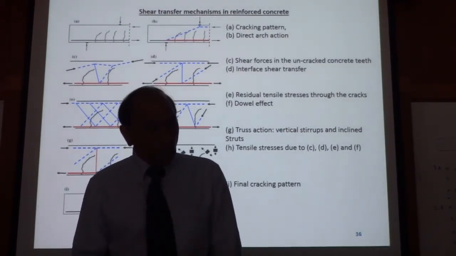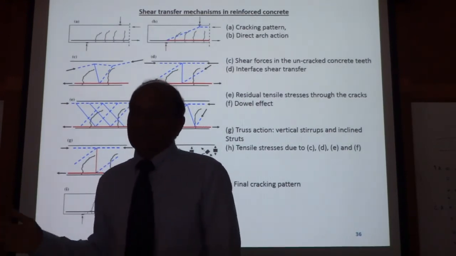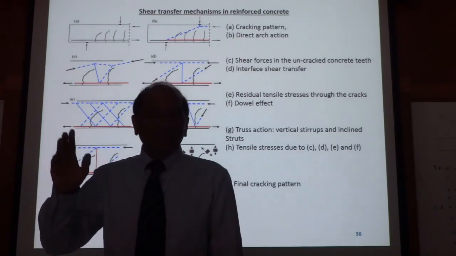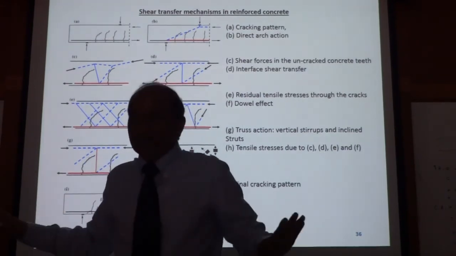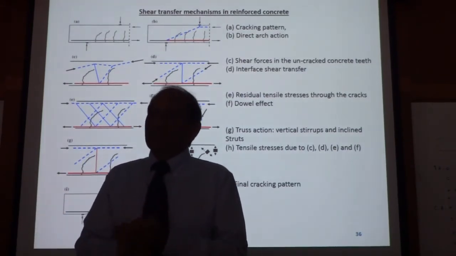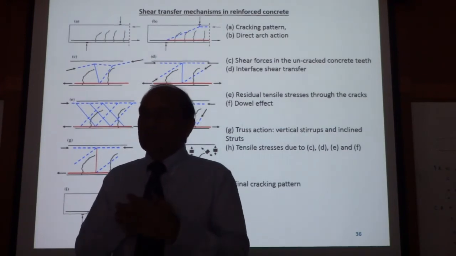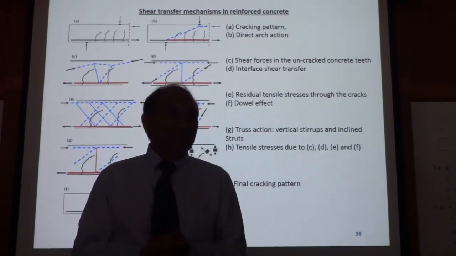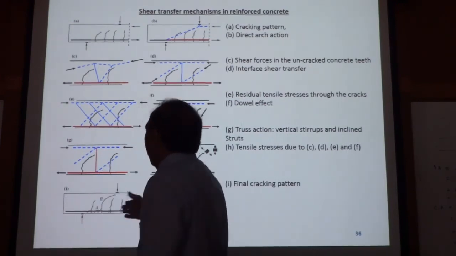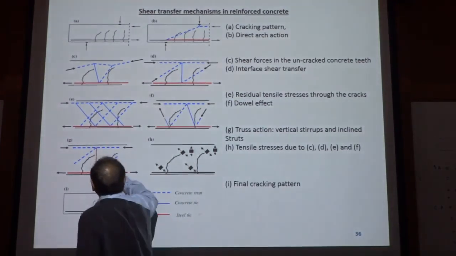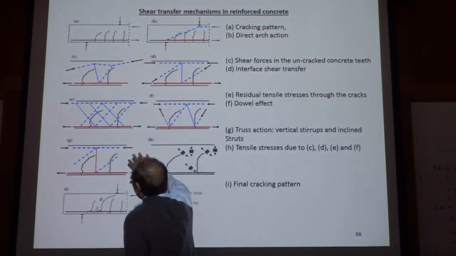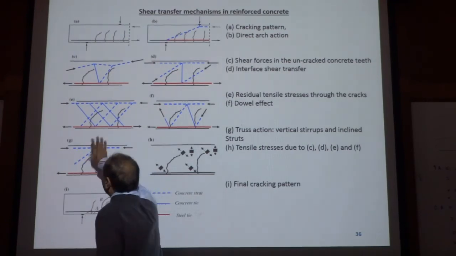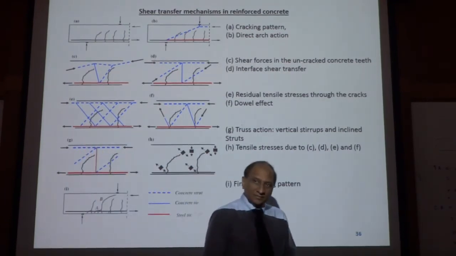We assume already that everything is cracked, and we don't care what is the direction of the crack or where the crack is. We just assume that the entire beam, wherever there is tension, is fully cracked and the concrete is gone. Only compression is left, and all tension is taken by steel. So that means we don't need to worry about these things anymore. We are going to make it very simple. Wherever there was crack, wherever there is tension, it's all gone, right?